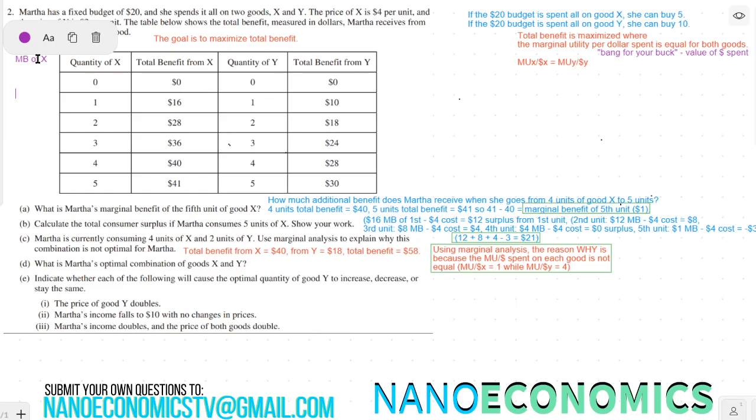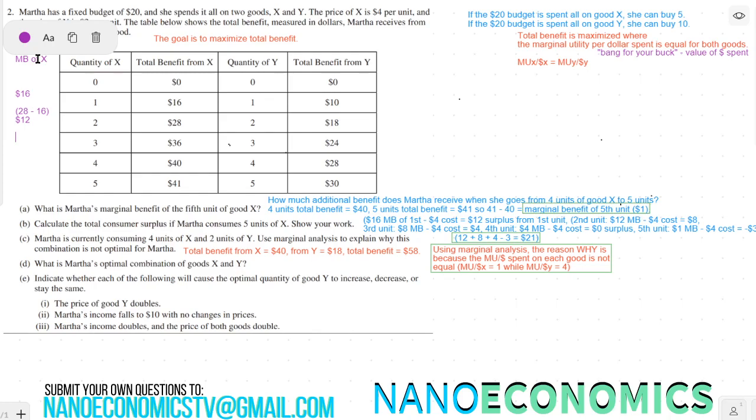When you go from 0 to 1 unit of good X, the marginal benefit, or the additional benefit, is that entire benefit of $16. When you go from 1 to 2 units of good X, we're taking $28 minus 16, and so you've got a $12 marginal benefit for going from 1 to 2 units.